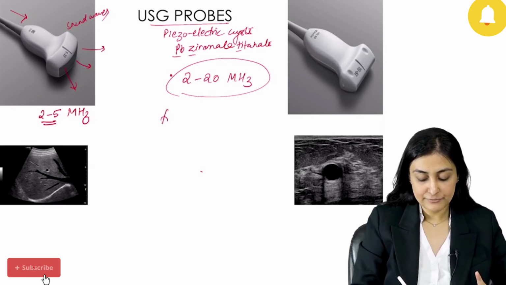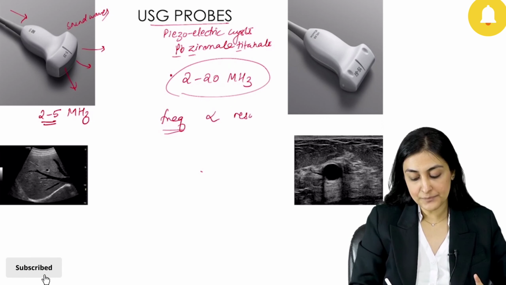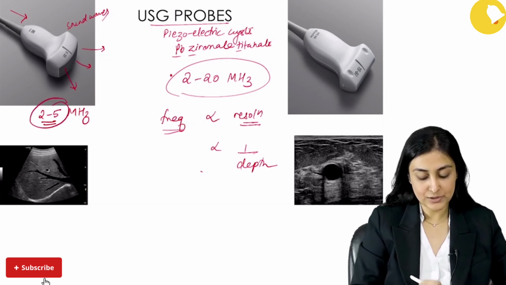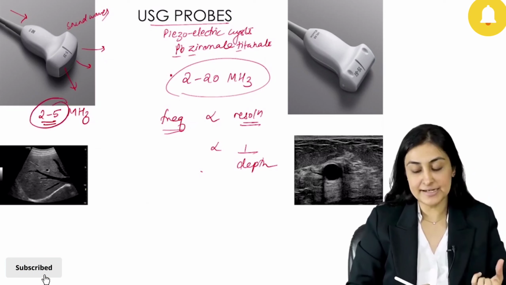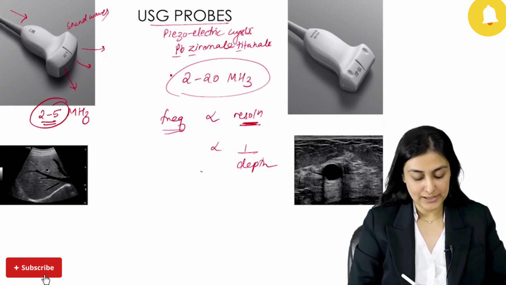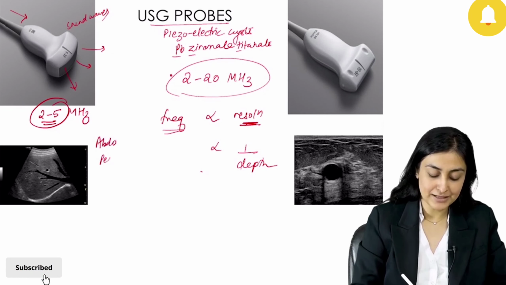Remember here, the frequency of the probe is directly proportional to the resolution, and it is inversely proportional to the depth. So when I have a low frequency probe, it's going to offer me a deeper view, but it will have relatively lower resolution.